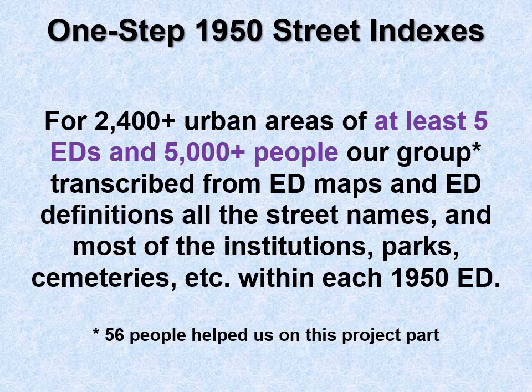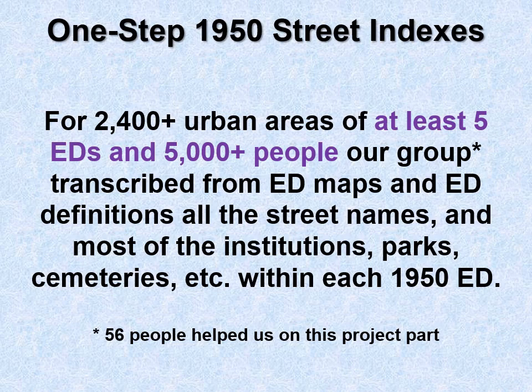Okay, so the One-Step 1950 street indexes, we have that online. We did a lot of urban areas. I think if we ever do this again, and it's not clear if we will, we'll only do cities of over 50,000. But here, we pretty much did lots and lots of these smaller and larger communities.